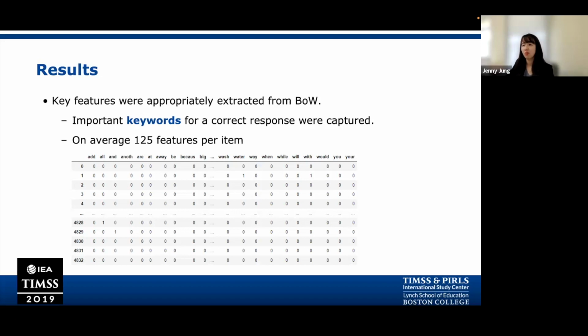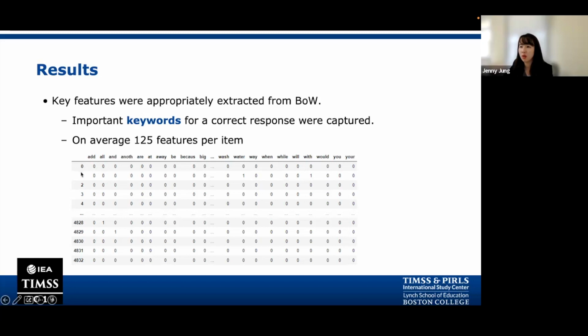On average, we have 125 key features per item, and applying the same key feature matrix across languages can ensure more consistent scoring in the multilingual context. This is beneficial because automated scoring can mitigate scoring inconsistency, which is one of the important key challenges of human scoring. And this matrix shows how the bag-of-words model processes student responses.